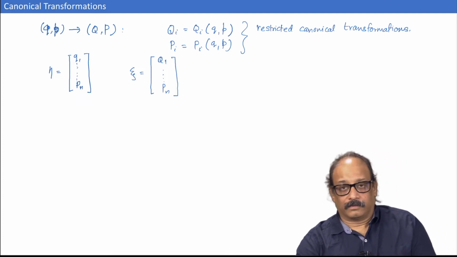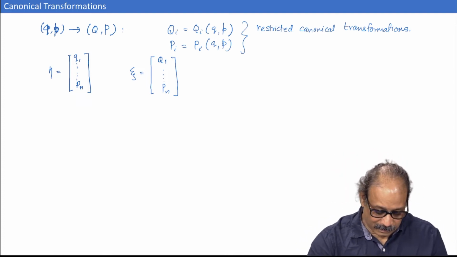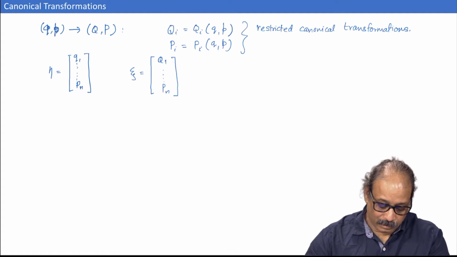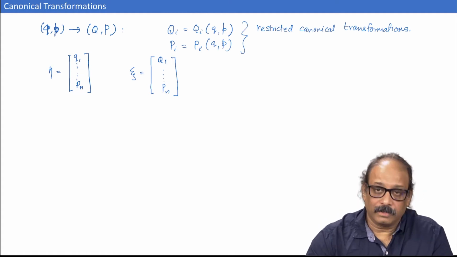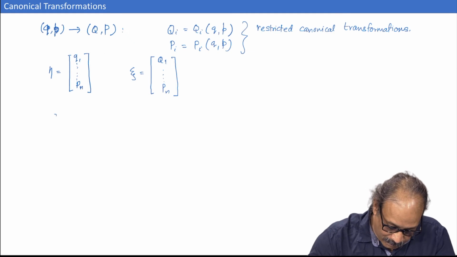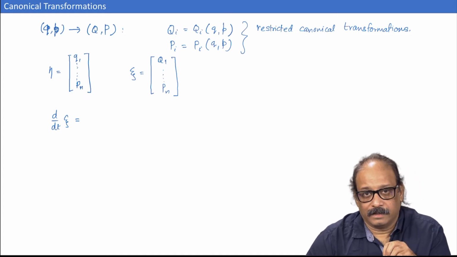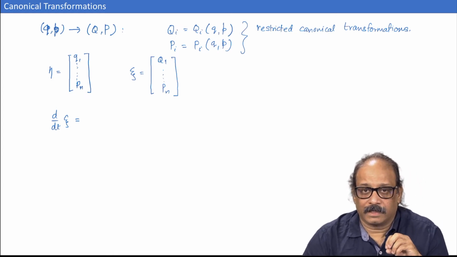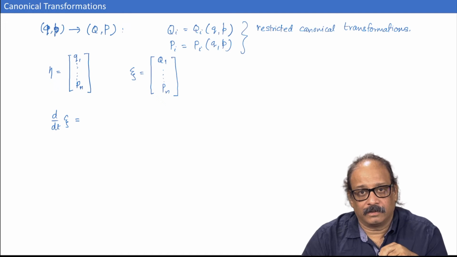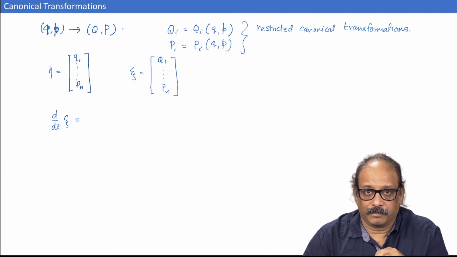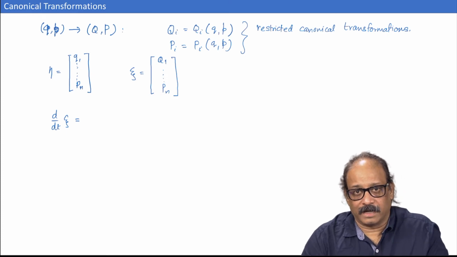Okay. Now, let us see how does this work. So, clearly if I want to calculate xi dot, so if I want to take d by dt of xi, remember, xi contains capital Q and capital P, which in turn depend on small q and small p, but all that will go inside the new nomenclature of xi and eta.